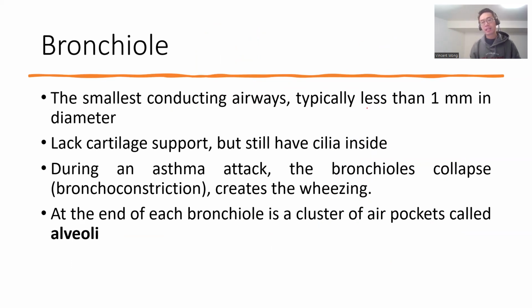The diameter is typically less than 1 millimeter, which is like the distance between two black lines on your ruler. So they're really, really small. You can't put any cartilage on them. On the inside, though, it still has the same kind of cells as the trachea, all the way down. From the trachea to the bronchi and then to the bronchioles, they all have ciliated cells and goblet cells.